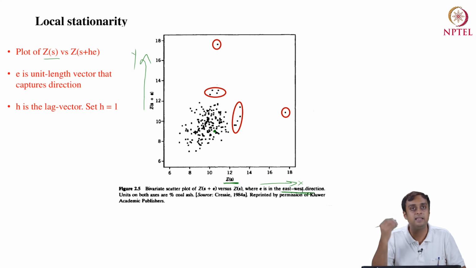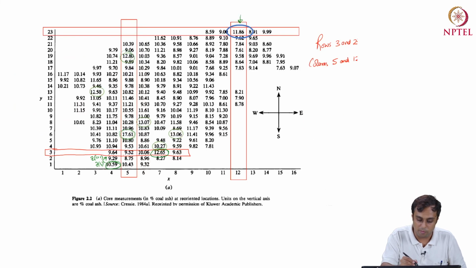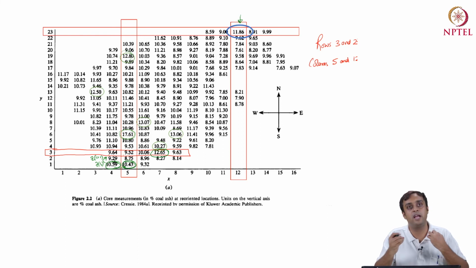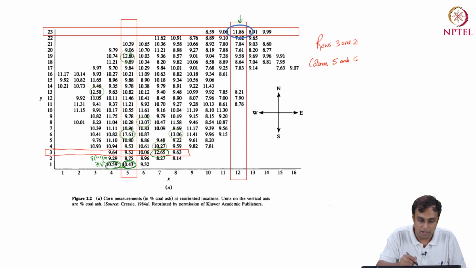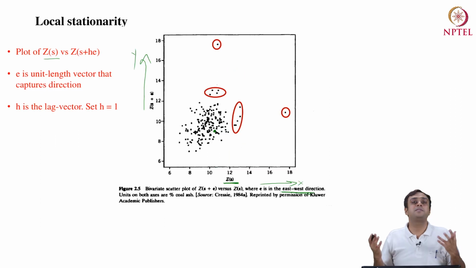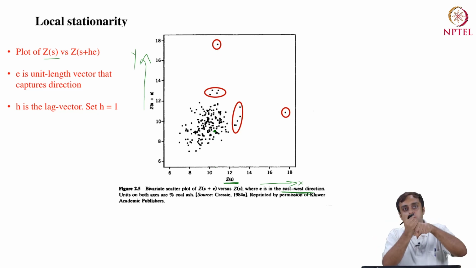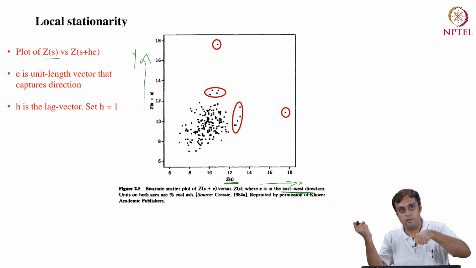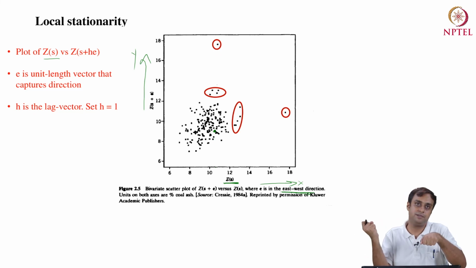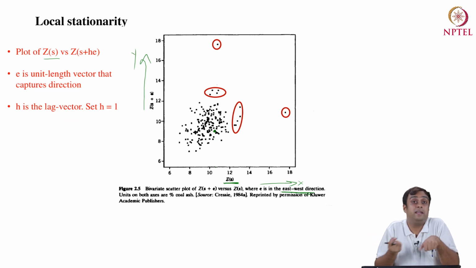So basically in that data set, if I go back to my data set, I'm moving from 10.59 to 10.43. So I'm going to be looking at a pair between 10.59 and 10.43, right? But the ultimate purpose is that when I look at a value and I step one step further from that value in any direction, the belief of local stationarity suggests that I shouldn't be looking at a very different value in the locality, right?